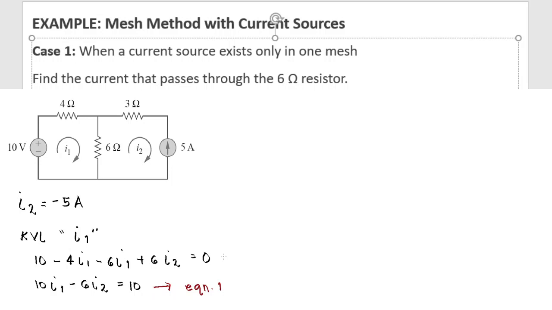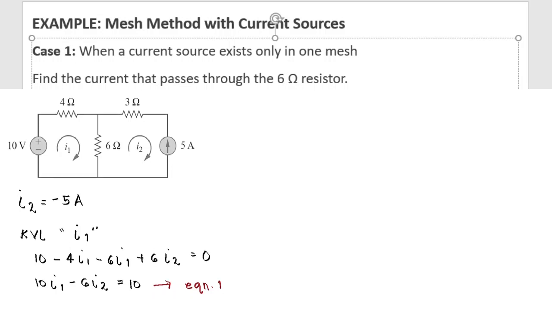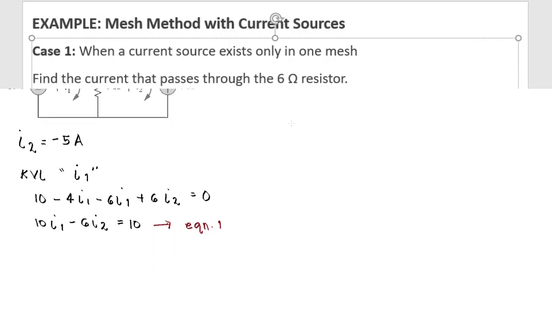Or since this is just easier to solve, we will just substitute I2 as negative 5 amperes. So let's do that here. 10I1 minus 6 times negative 5 equals 10. Therefore, we have I1 as 10 plus minus 30.